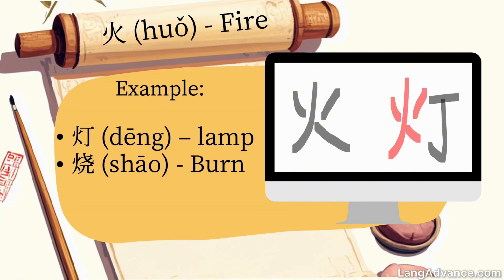火, which is fire. Anything that has to do with fire will have the fire radical. For example, we have the lamp, which is 灯, and we have 烧, which is to burn something. So, as you can see, 火 in its normal form is like this, right?